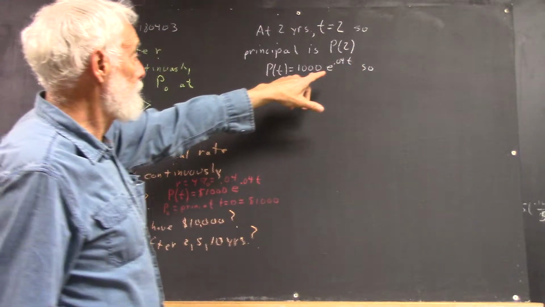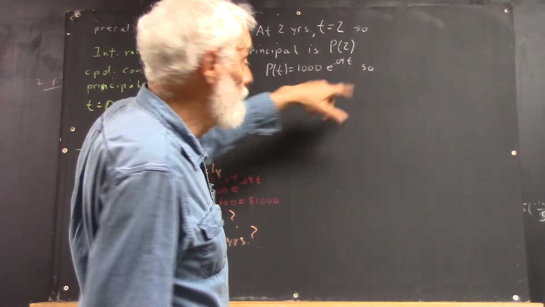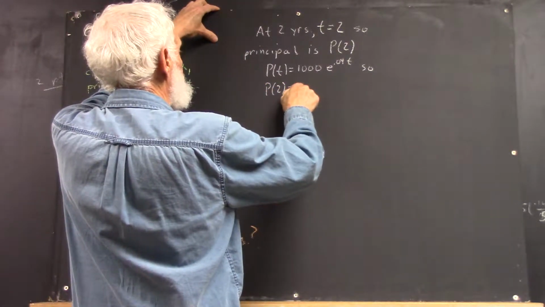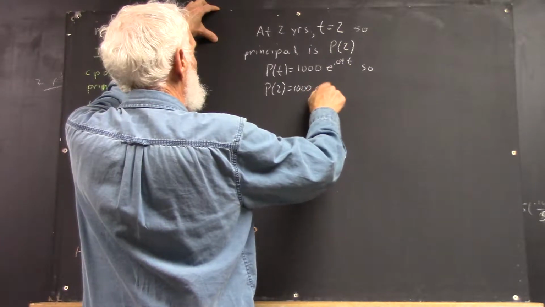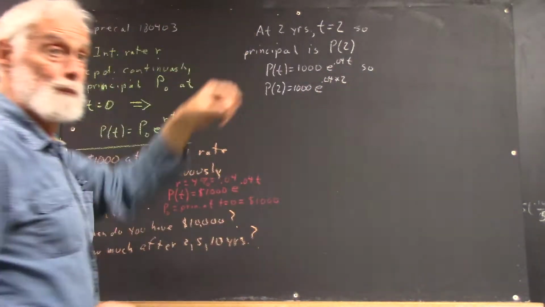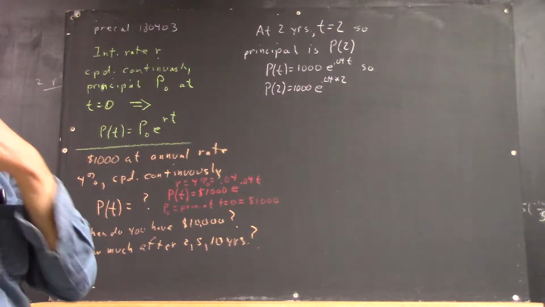Okay, P of t is 1,000 e to the 0.04 t, so P of 2 is 1,000 e to the 0.04 times 2. Okay, we understand?